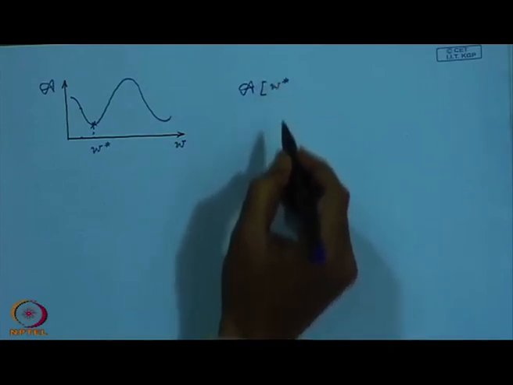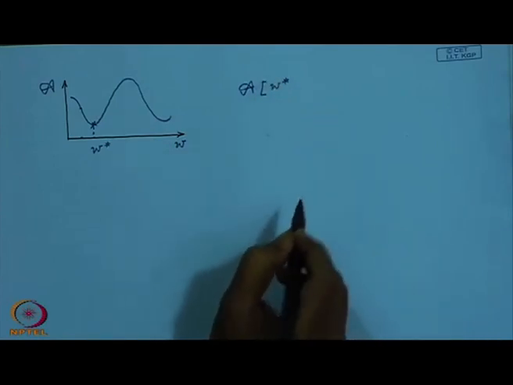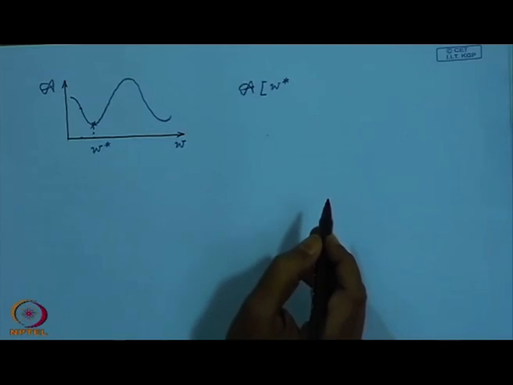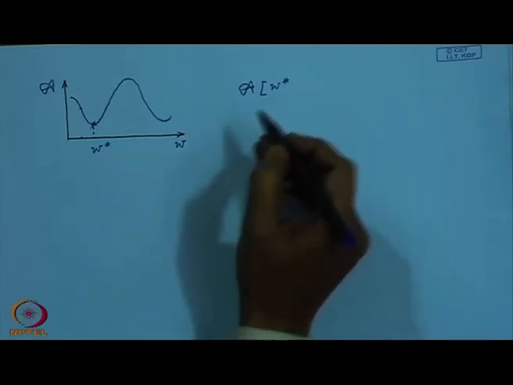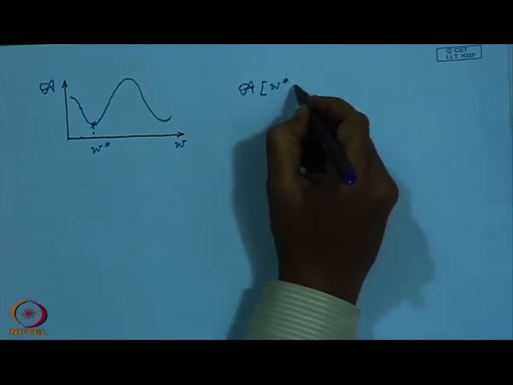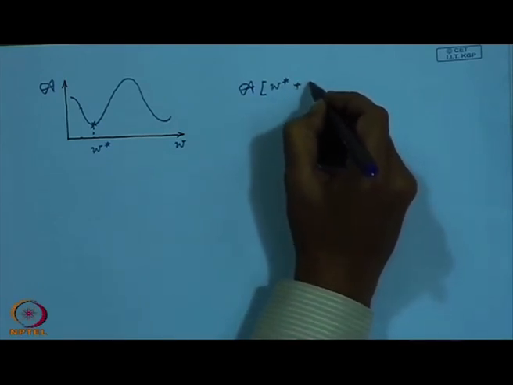So, suppose W star is the actual path taken by the particle or by the string as it moves from configuration 1 to configuration 2.